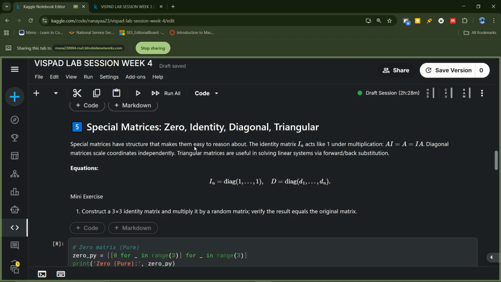Then we have diagonal matrices. The diagonal matrix scales coordinates independently. And we have triangular matrices, which are useful in solving linear systems via forward or back substitution. I don't know if any of you did some math courses, you'll remember forward or back substitution.